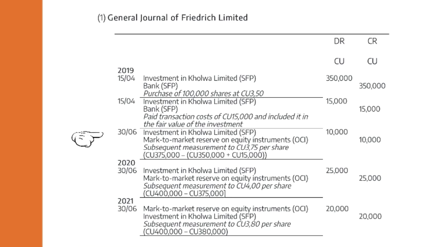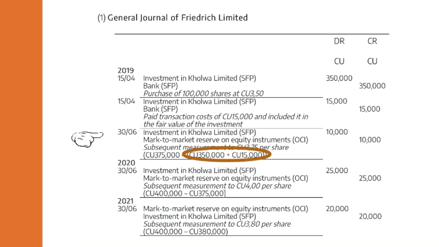So you do a calculation. You have 100,000 shares, they need to be at R3.75, which means they need to be at 375,000. What is the investment at the moment? Don't forget your transaction costs. Your investment was recognized at 350,000 fair value, and then you added on to that the transaction costs.